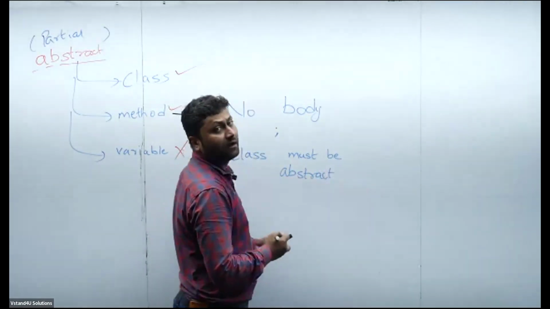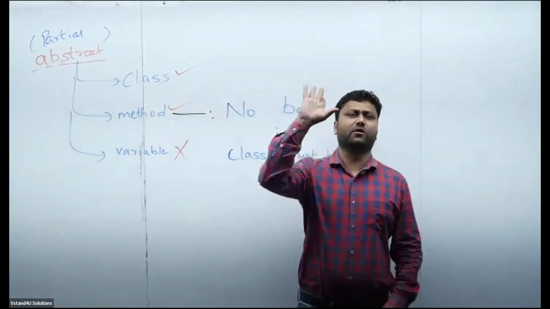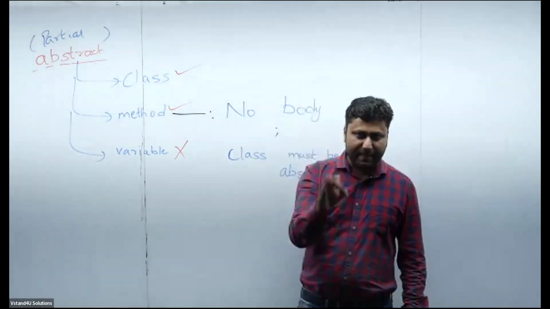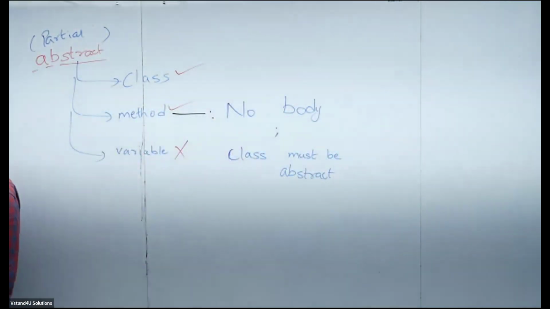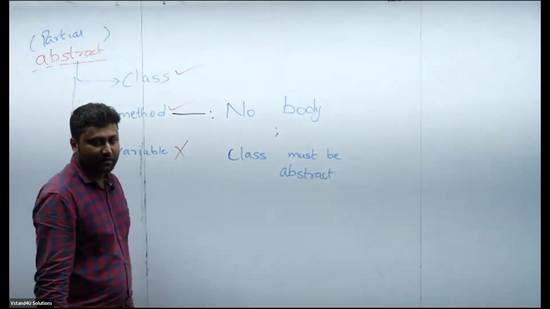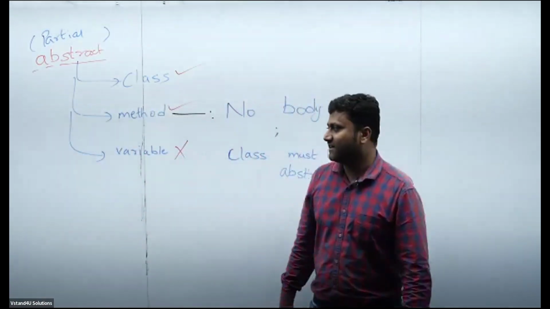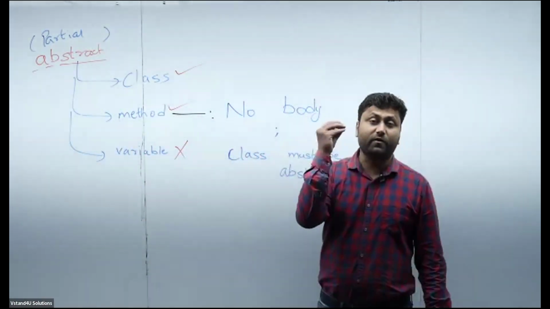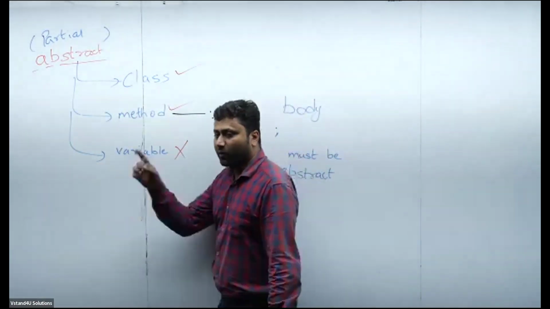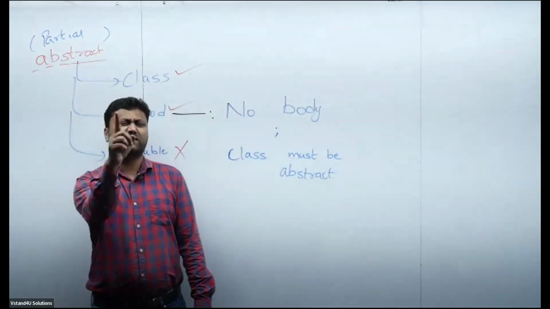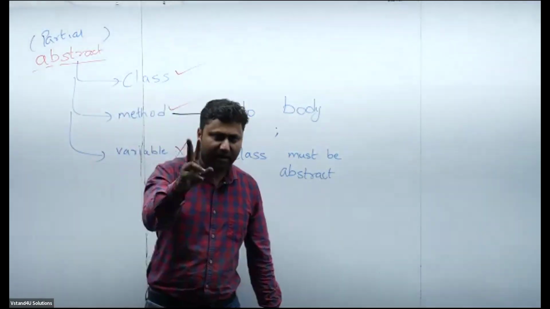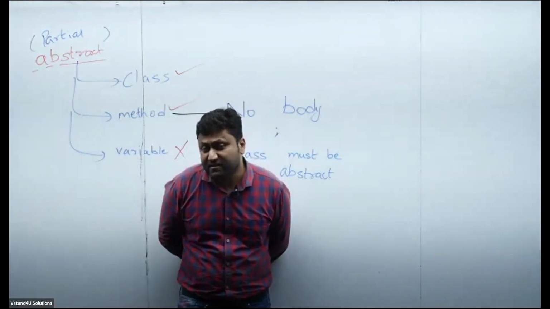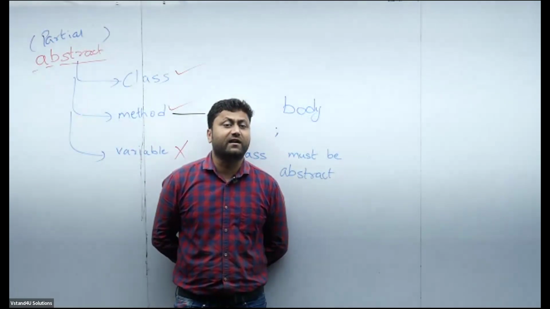In a class, if even a single method is marked as abstract, then that class has to be marked as abstract, everybody ABS, anti-braking system. Yeah, abstract. Perfect. Short forms are most welcome, guys. So if you write one class which has even one single method marked as abstract, it means the entire class is marked as abstract. Agree? Done.